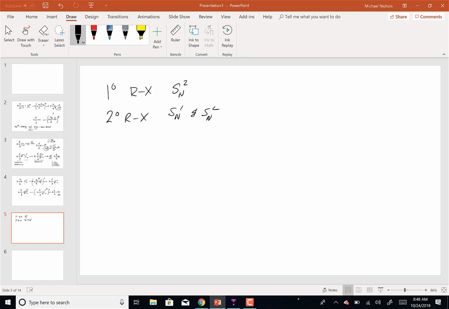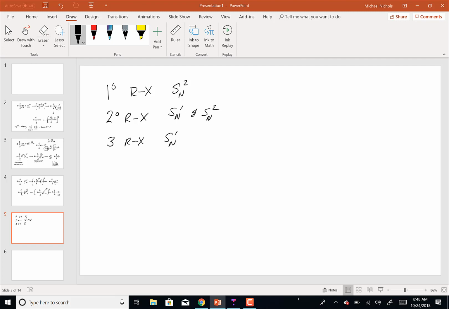Now, does that mean that there's total chaos and we don't know which one it's going to undergo? No. We'll refine that. Tertiary halide. What can it undergo? SN1 only? SN1 only? Yes. Why? Too sterically hindered to undergo SN2. So it can only undergo SN1.